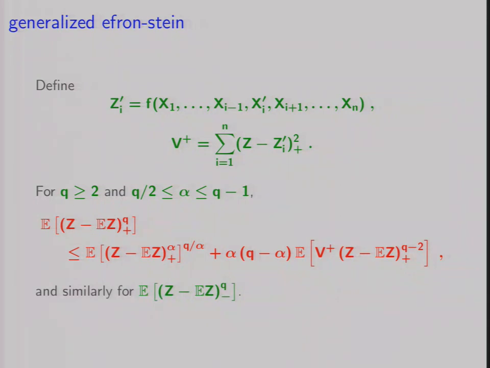So for example, if V plus is bounded by a constant, then this constant comes outside, and I have an inequality for the qth moment, which involves, let's say if I use it with alpha equals q minus 1, this is the q minus 1 first moment, and this is the q minus 2nd moment. So now I can bound the qth moment of my random variable in terms of lower moments.